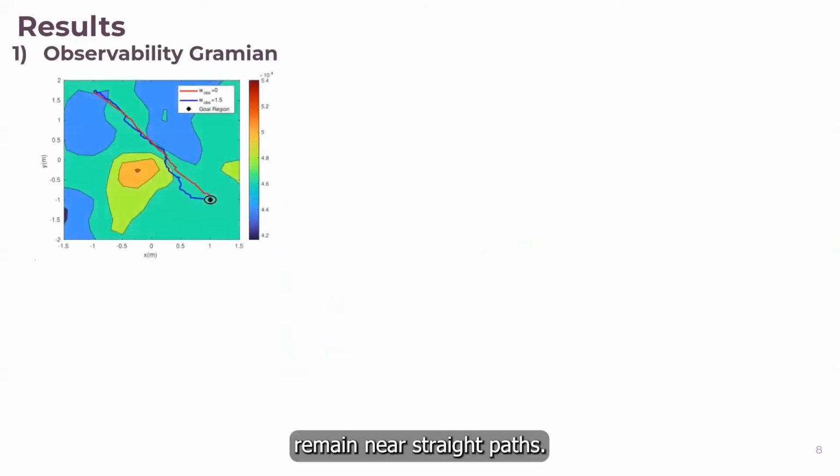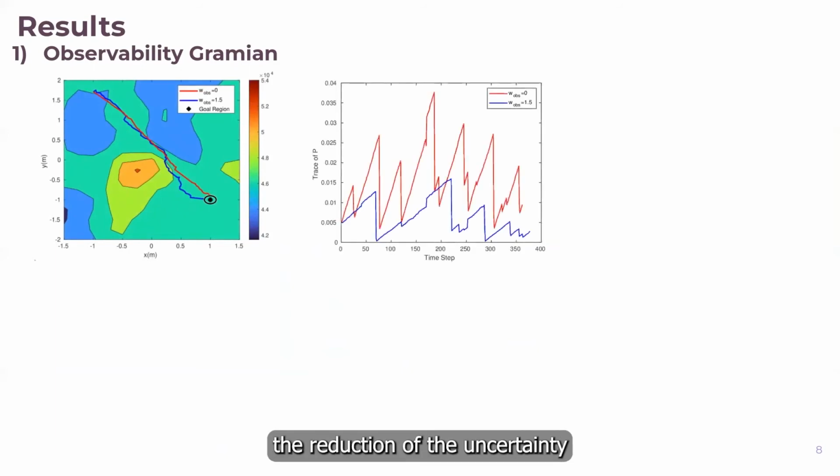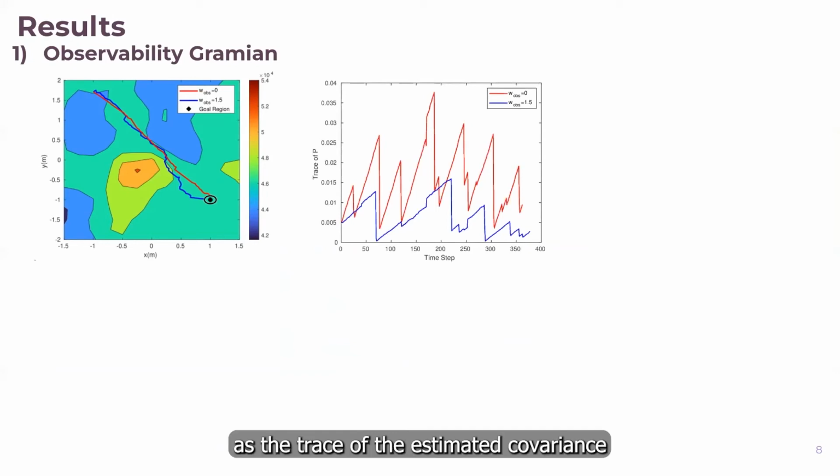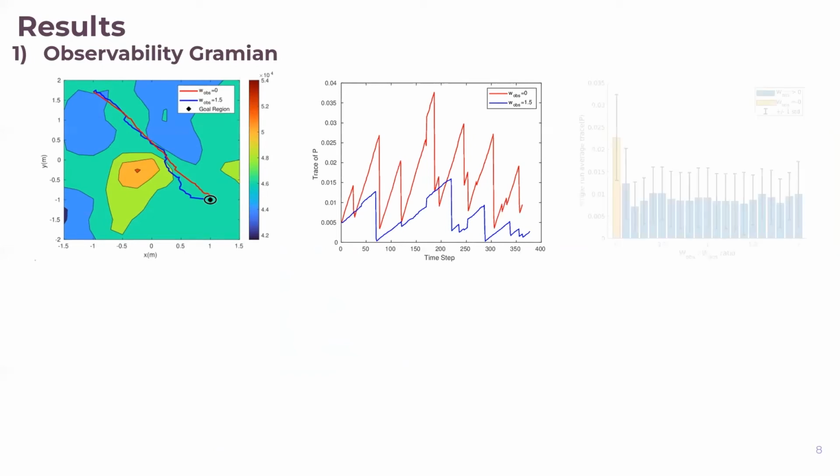In general, the experiments revealed that the information-aware approaches remain near straight paths. However, as shown in this plot, the reduction of the uncertainty, presented here as the trace of the estimated covariance, was up to 300% over some regions.